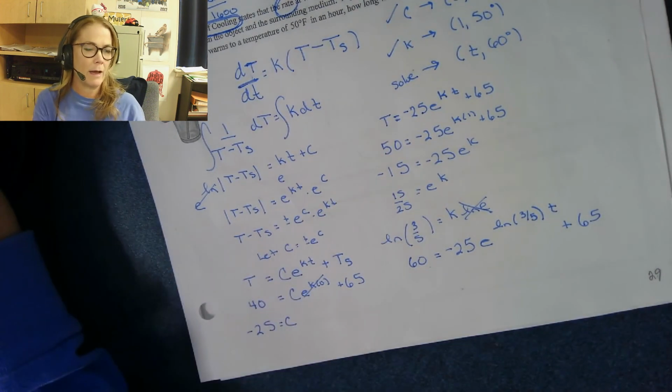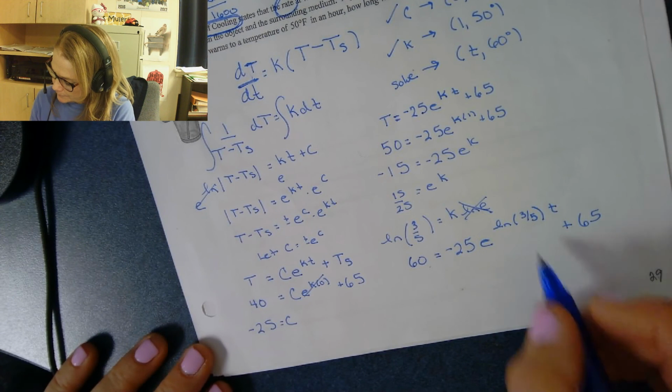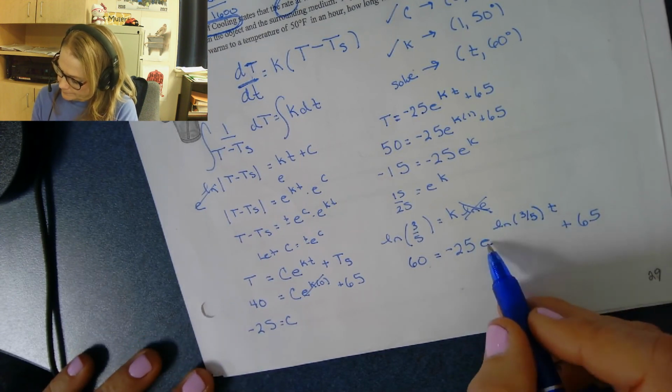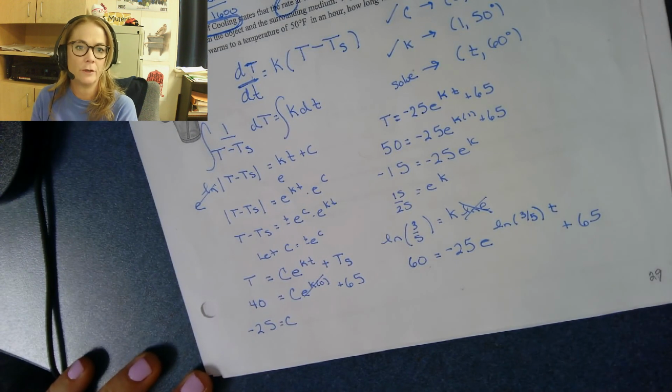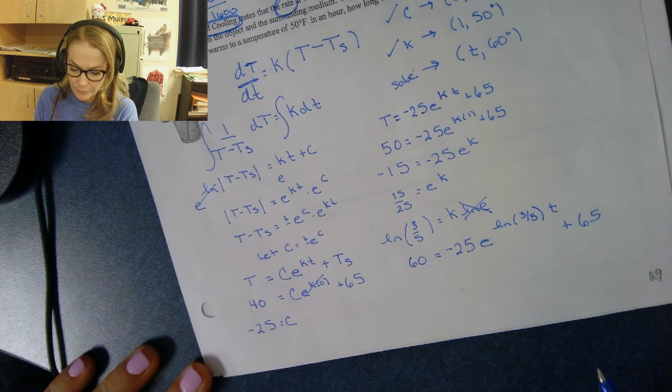So it's not too hard to memorize Newton's, just the same song and dance, just add in that surrounding. You can go for it from here, or you can clean this up and drop the ln of 3/5 and do that, which is what I like to do, but it's up to you.